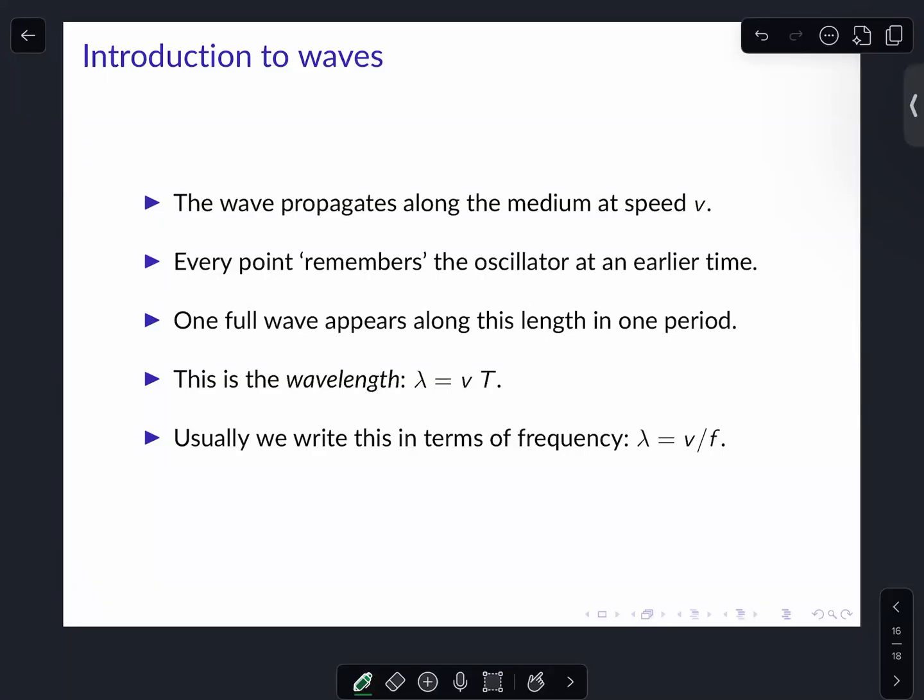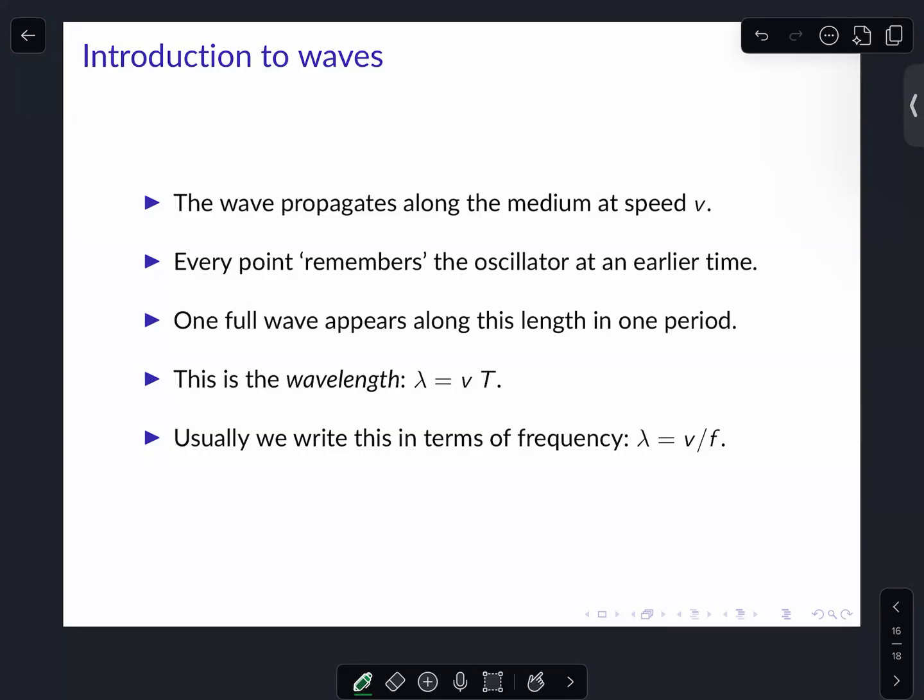In one period, one full cycle of the oscillation that starts this wave, in one up and down of the wave drivers that you did in lab, in the time it takes that initial part of the string to go up and down, energy has spread out, the pattern has spread out some distance along the wave. In fact, the distance that it goes defines one wavelength, and that distance is given by the formula vT.